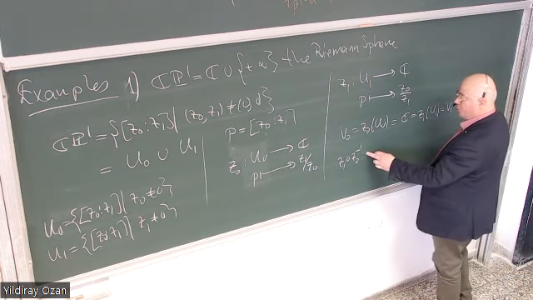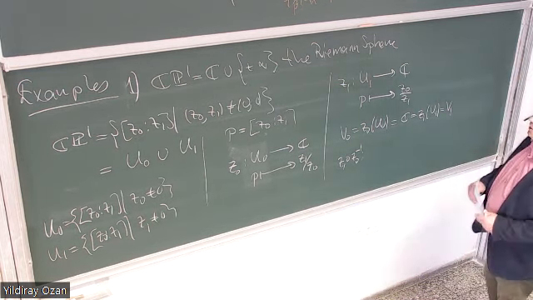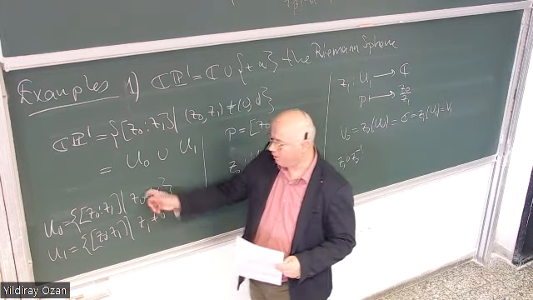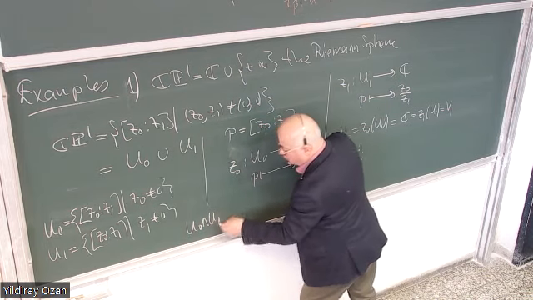Where will this be defined? On the image of the intersection of the two sets. These are U0 and U1. The intersection of U0 and U1 is what?